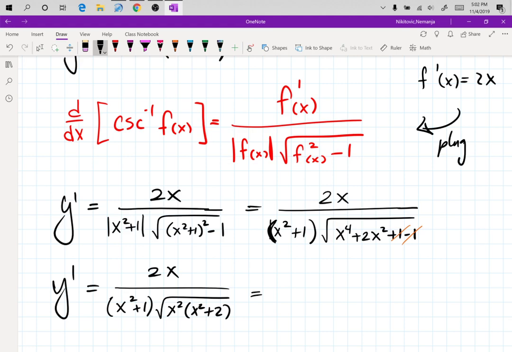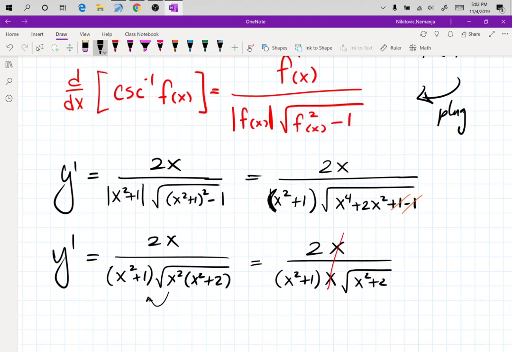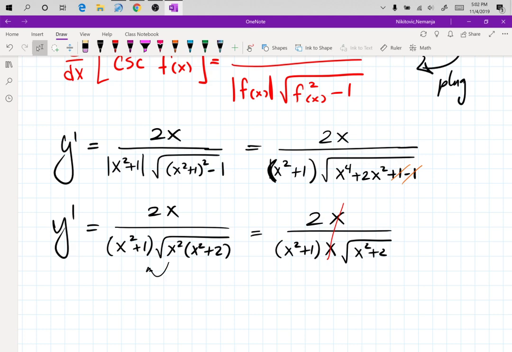And this x squared jumps out as x, so I have 2x divided by x squared plus 1 times x times the square root of x squared plus 2. And now these guys cancel, and we have the simplest form for the answer.